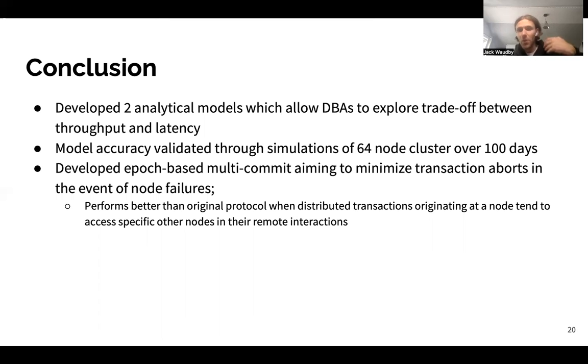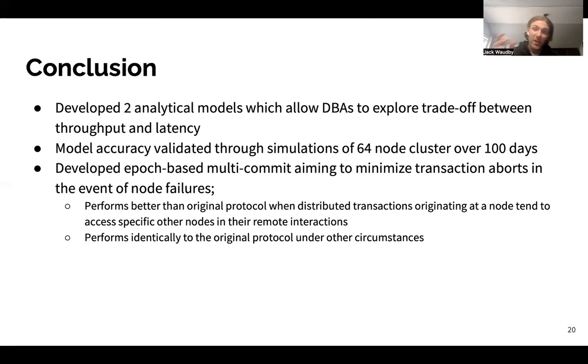And we've identified that this protocol performs better than the original one when there are underlying correlations in the data, and distributed transactions tend to access specific nodes depending on where that transaction is originating from. A good thing to note here is that it performs identically to the original protocol in all other circumstances.